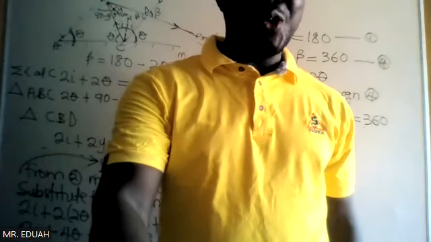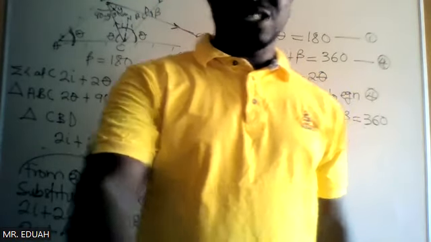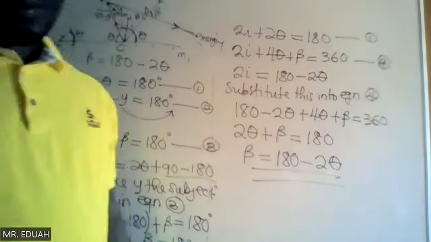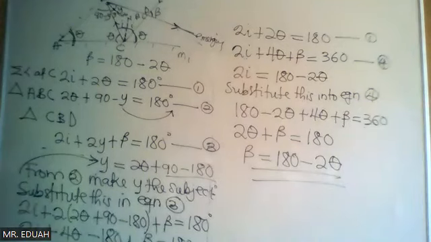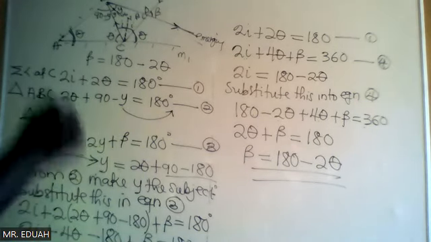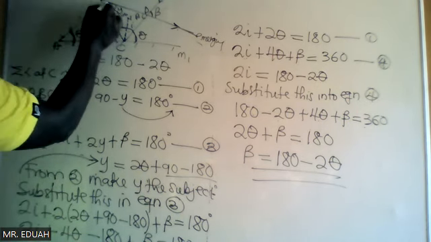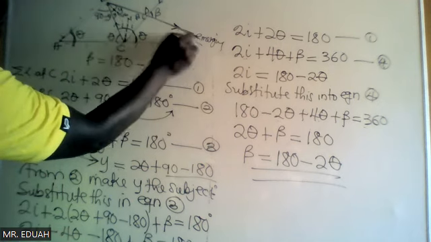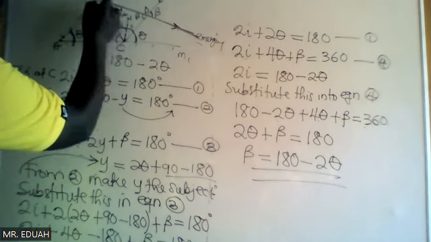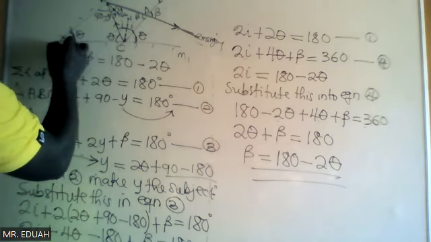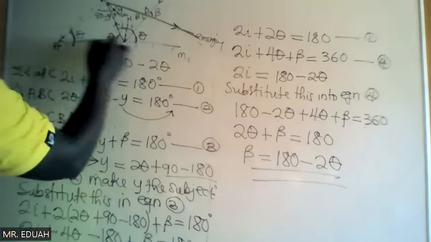Then there is this other question. Mr. Dia, why didn't you make that glancing angle theta, but you made it 90 minus y? Because you see this line, the emerging ray. Does it look like it is parallel to this mirror?